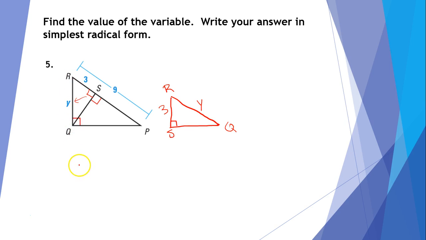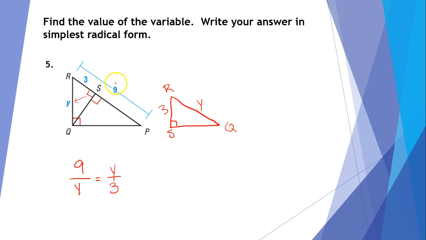We'll say 9, the whole length of this hypotenuse, over the smaller triangle's hypotenuse, which is y, is equal to this outer triangle's leg, y, over 3.